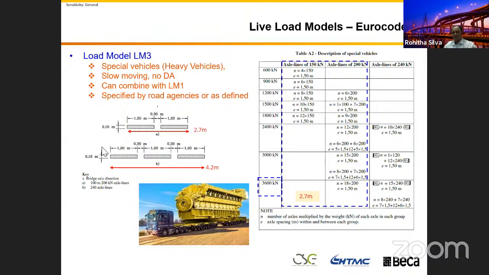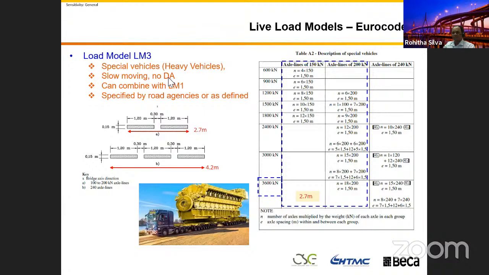This, for example, is not 4-wheel, and this one is 6-wheel instead. And the code says a special vehicle is slow moving.